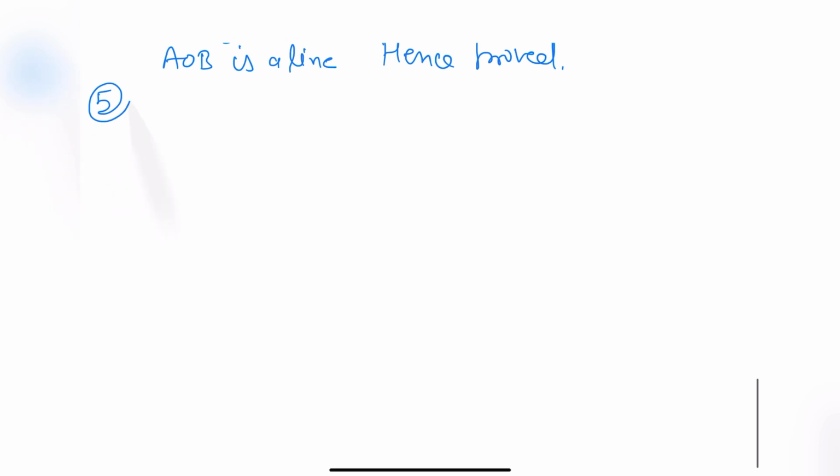Next question, number 5. We have given POQ is a line. Ray OR is perpendicular to line PQ. OS is another ray lying between rays OP and OR. So this is ray OS.